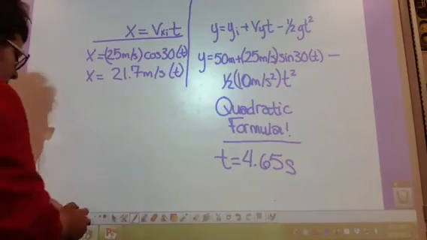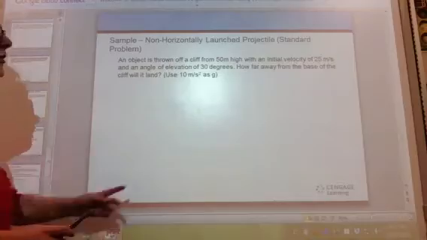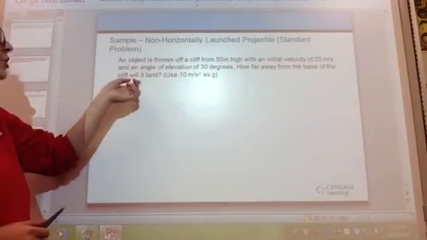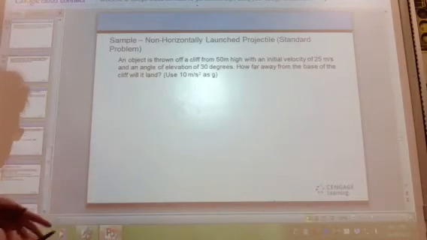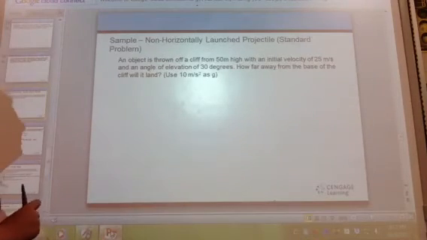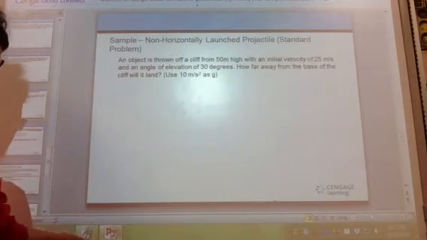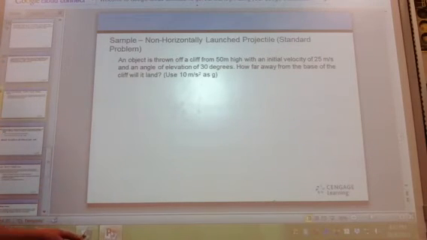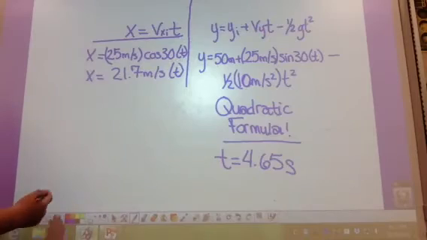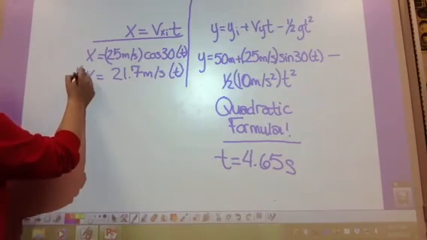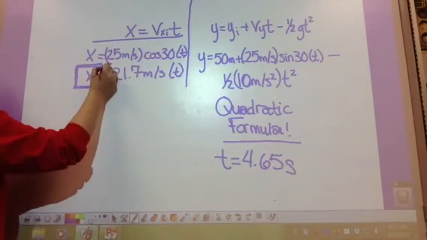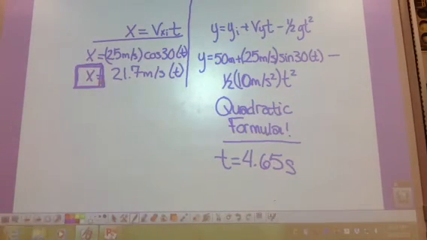Now, my problem asked me to find how far away from the base of the cliff this object will land. Well, if they're asking me how far away it's going to land, then they're asking for range. And range means that I'm asking for that horizontal direction, which means I'm just trying to find x.